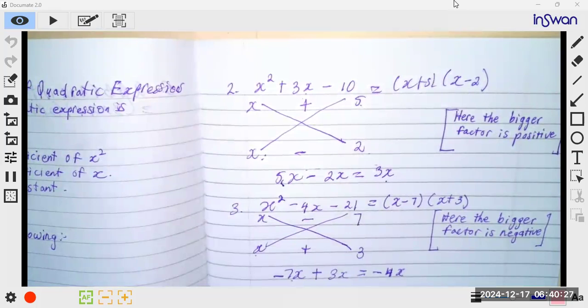Do you guys understand this? Yes or no? Yes, miss. Do you all understand this one?